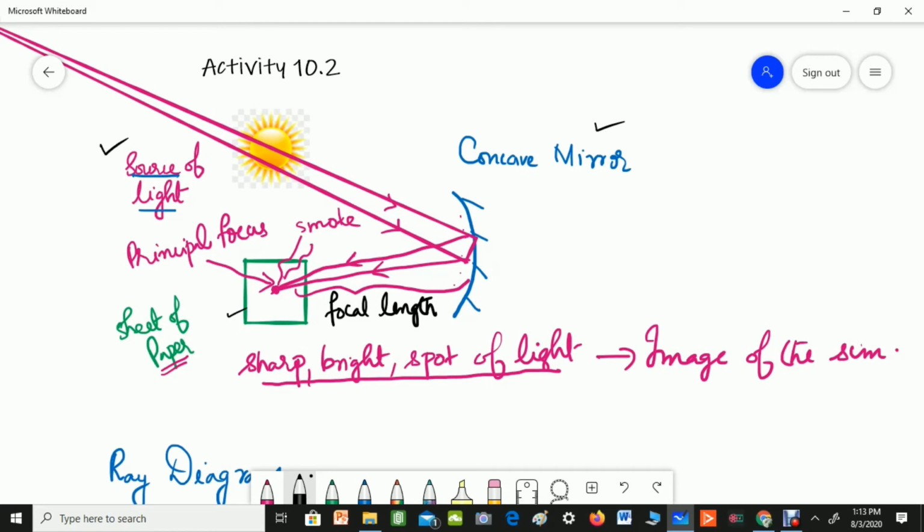Now let us try to explain this activity in terms of a ray diagram. It is easy to explain this kind of diagram in terms of 2-3 rays. Basically you need a concave mirror, the source of light, and where we get the image. These are the three things we focus on in the ray diagram.